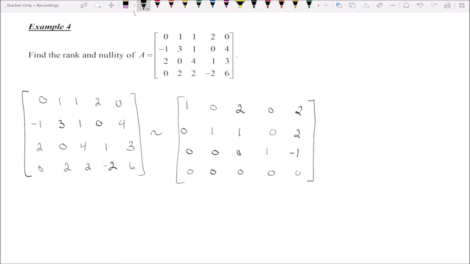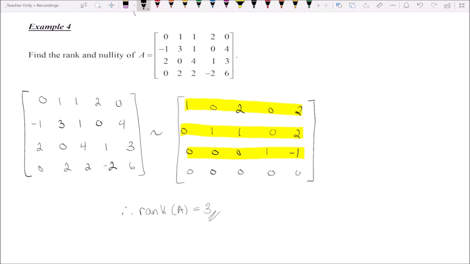And we look for the number of non-zero rows. There's 1, 2, 3. So the rank of this matrix is equal to 3.